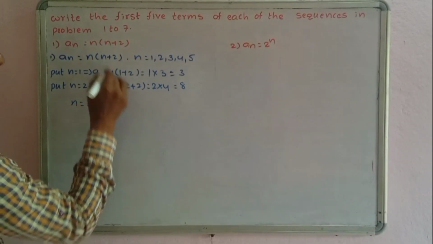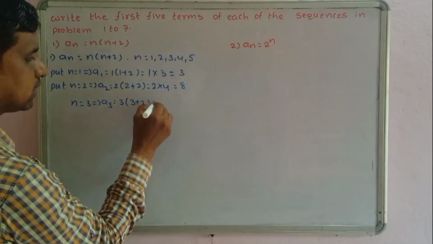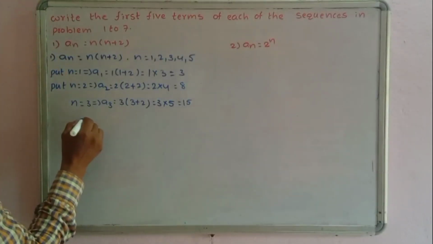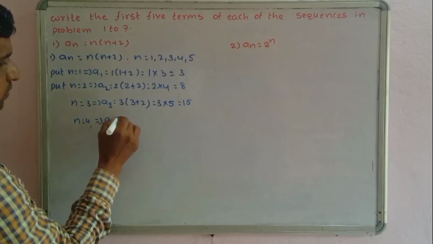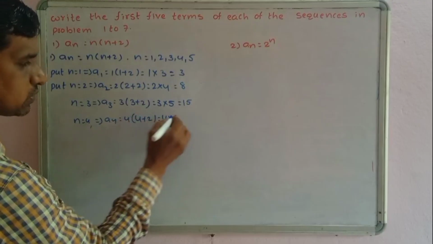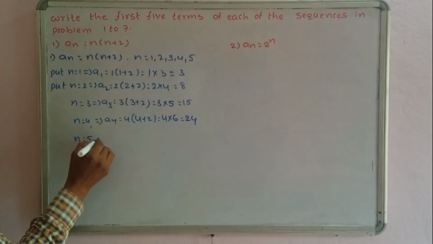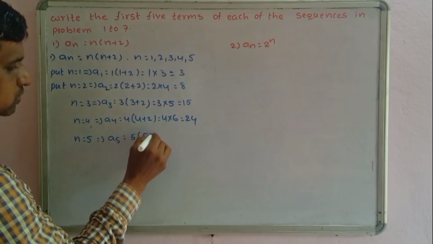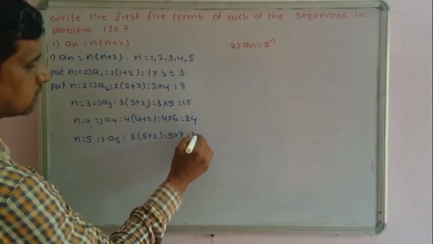a3 equals to 3 into 3 plus 2. So 3 into 5 is 15. Put n equals to 4. a4 equals to 4 into 4 plus 2, that is 4 into 6, which is 24. n equals to 5. a5 equals to 5 into 5 plus 2, that is 5 into 7, which is 35.